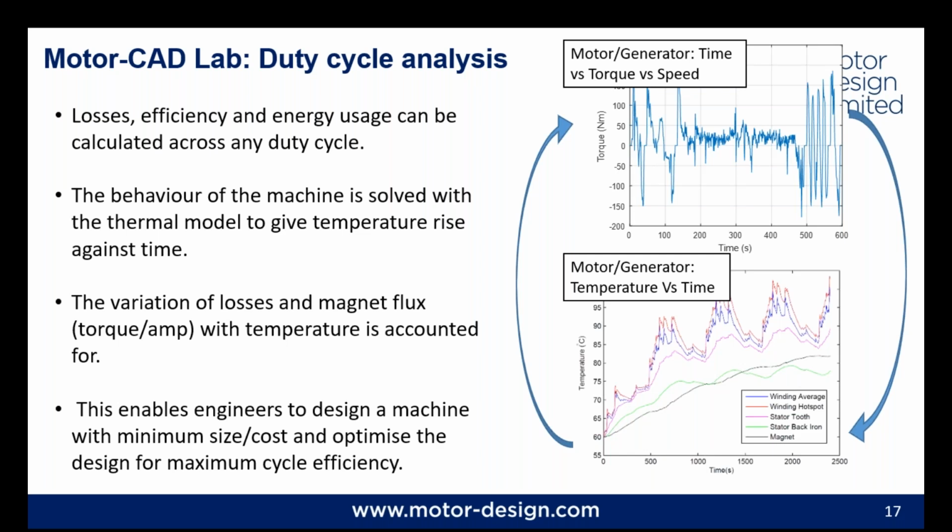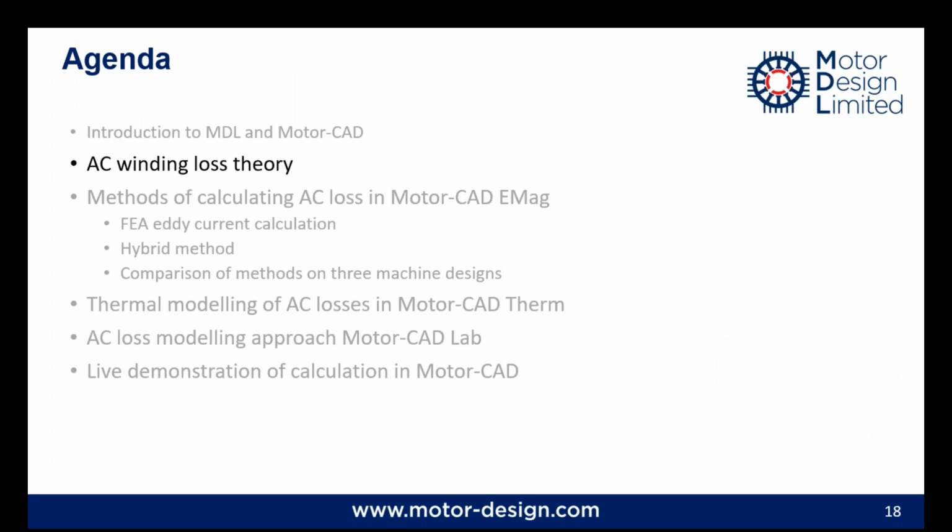So we fully couple and solve the duty cycles with the thermal module to give you that result. And the nice thing about that is it allows us to size the machine based on the worst case duty cycle, rather than a continuous operating point, which may or may not exist for the real world application of your motor.